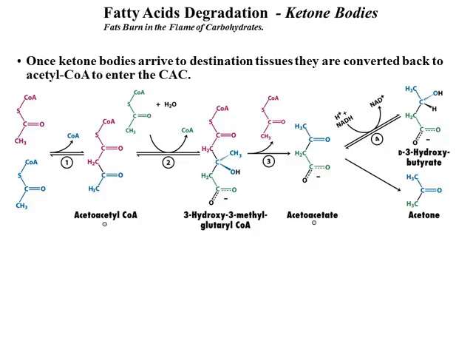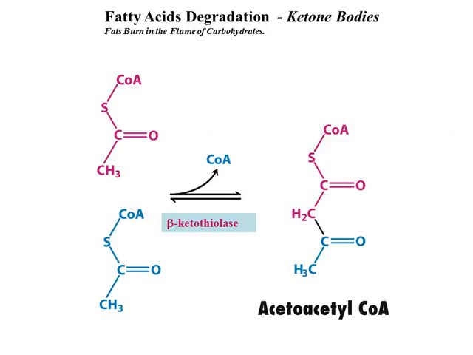Now, from our first ketone body, we can make the other 2 ketone bodies, which are the hydroxybutyrate through this enzyme and the acetone. The acetone itself does not need an enzyme. It's a reaction, but it doesn't need an enzyme, and hence it happens.